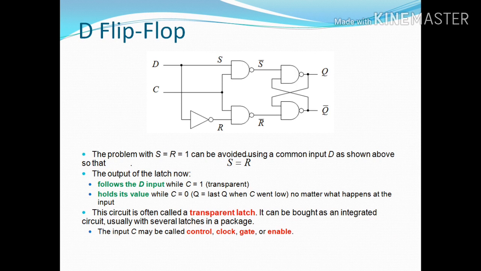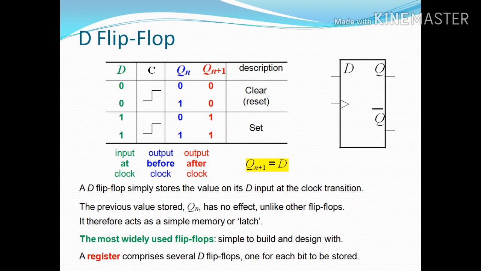So please go through our circuit diagram. It follows D as the input while C equal to 1, that is transparent. When C equal to 0, it holds the previous value.